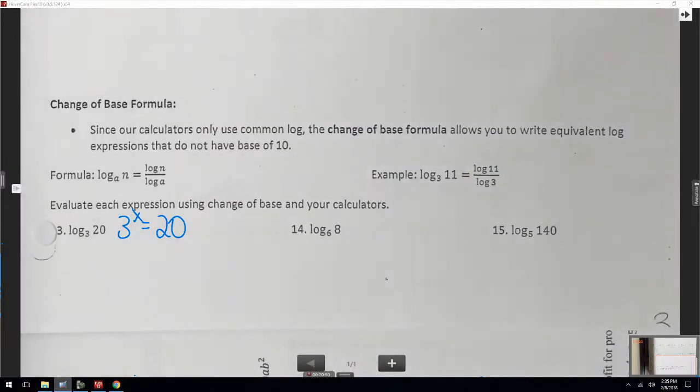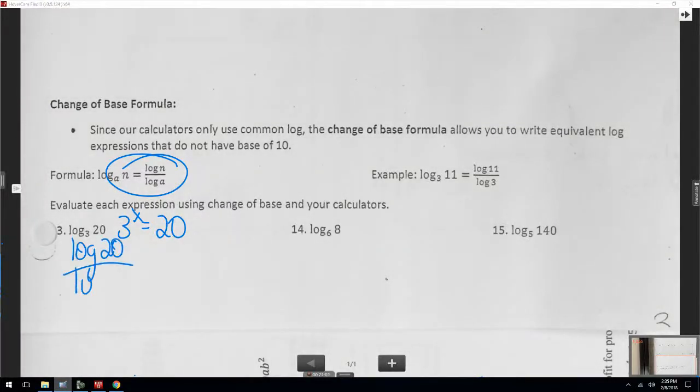You could work it the same way, or you could use your formula and do log 20 over log of your base, which is 3. Base goes on bottom, right? That's the only way you have to remember it. Base goes on bottom. And then divide those into your calculator.